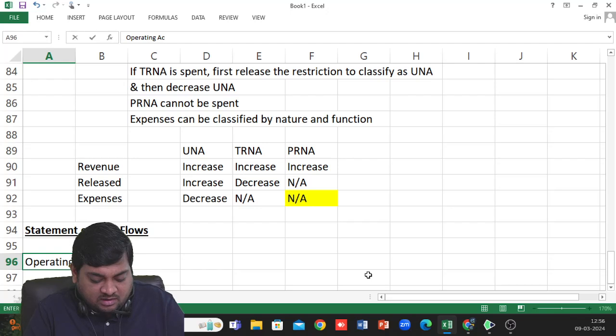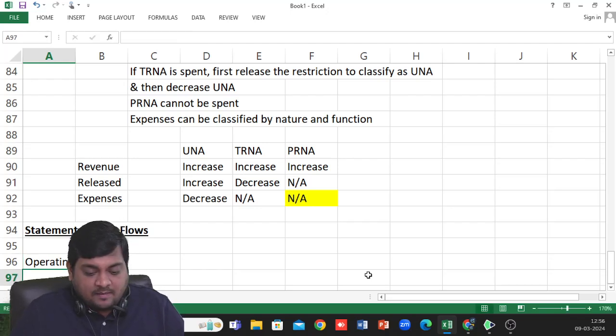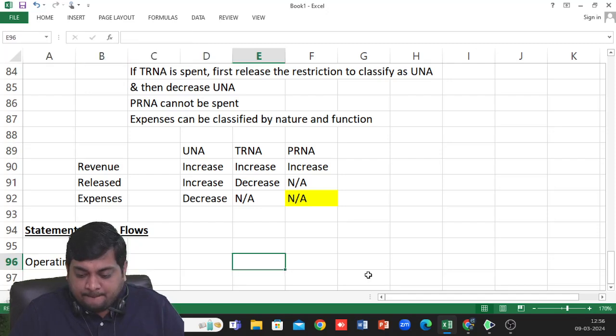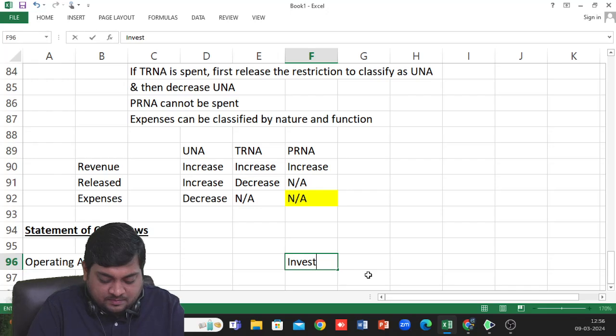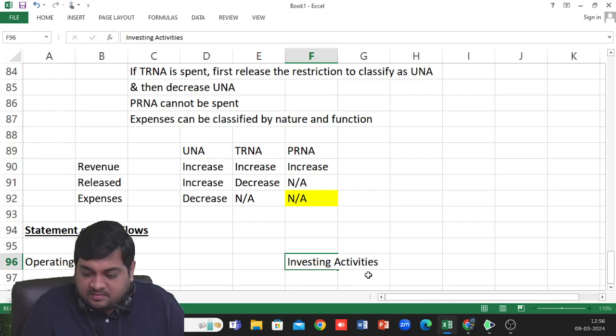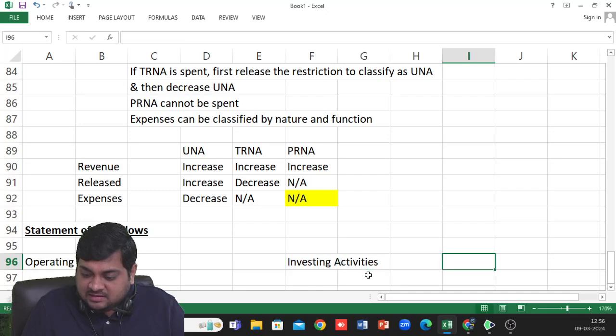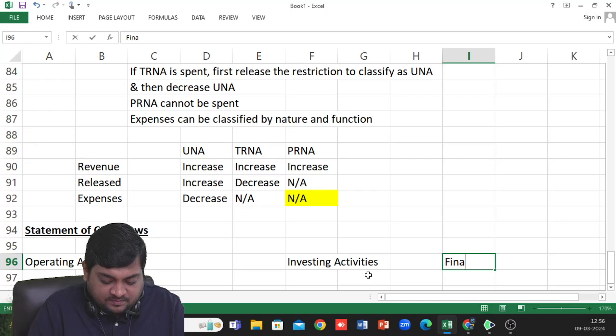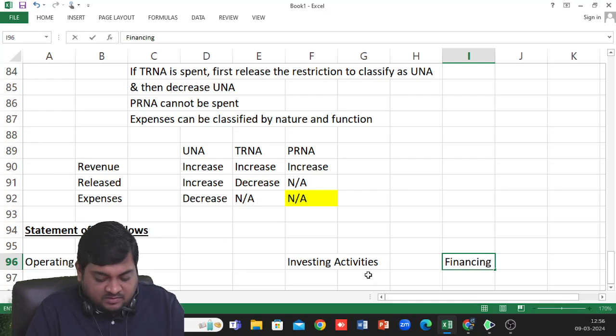We have operating activities, we have investing activities, we have financing activities.